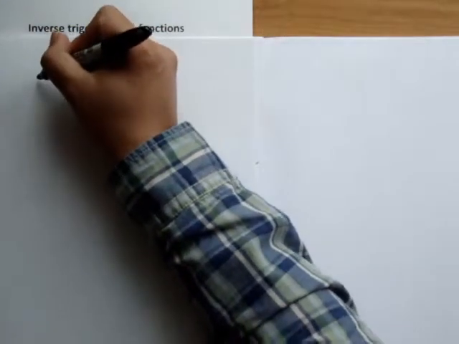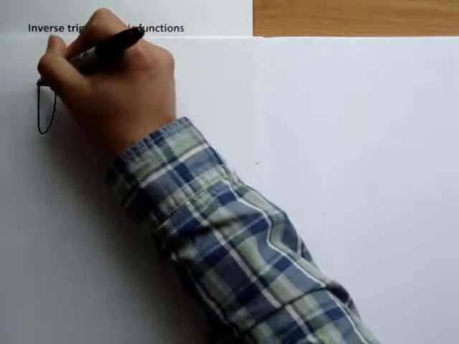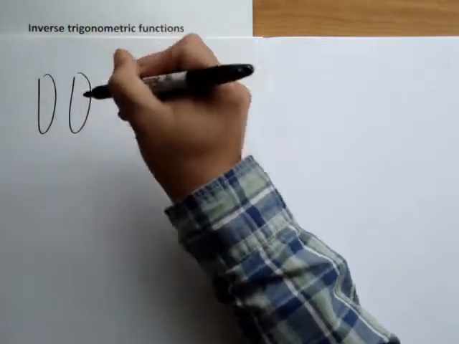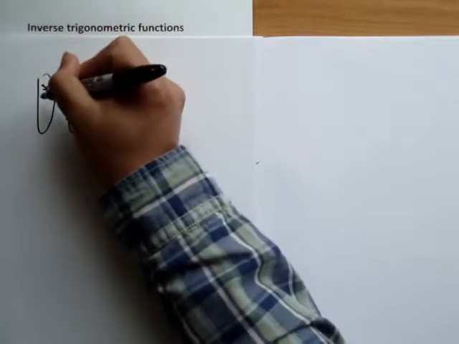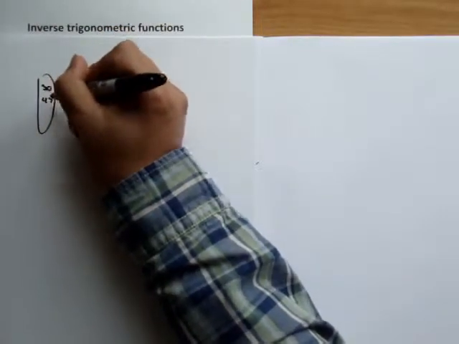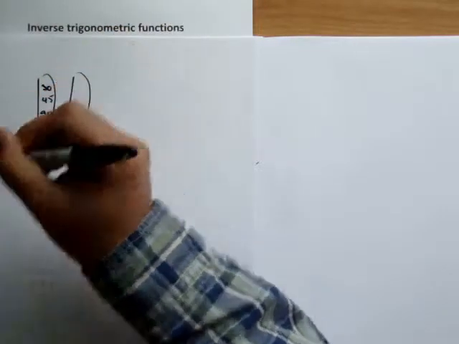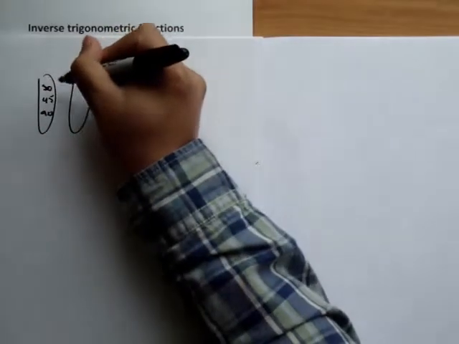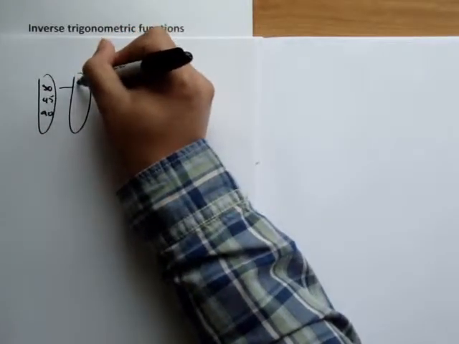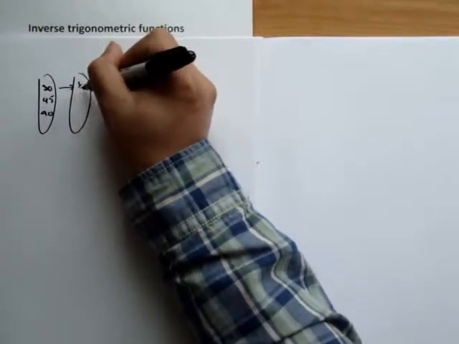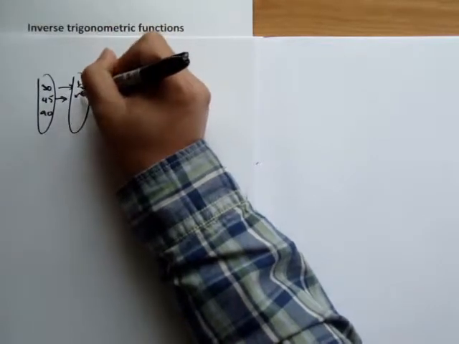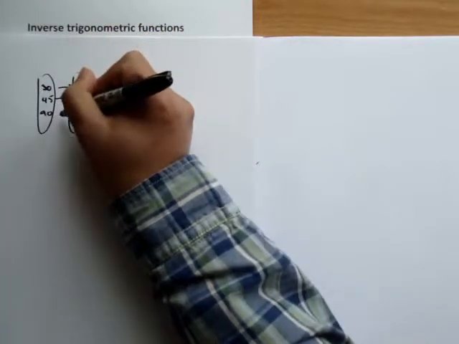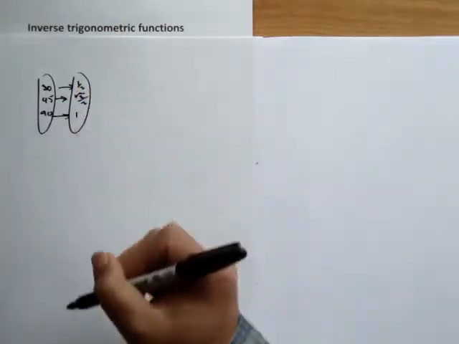When we're looking at trig functions, if we make two sets, we have 30 degrees, 45 degrees, 90 degrees. This maps onto, when we're doing inverse functions, a half, 45 maps onto square root of 2 over 2, and 90 maps onto 1.